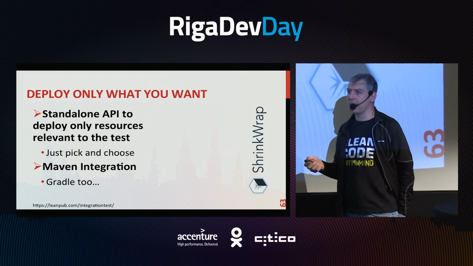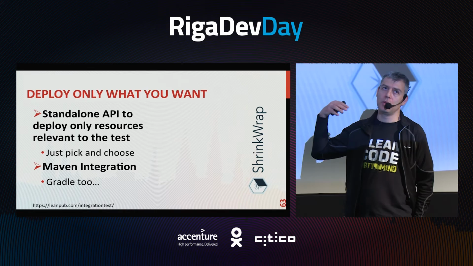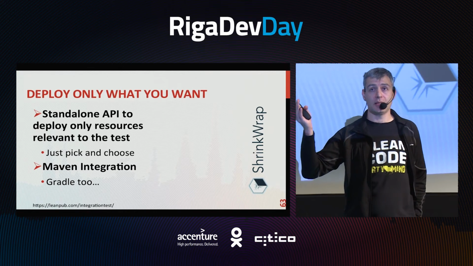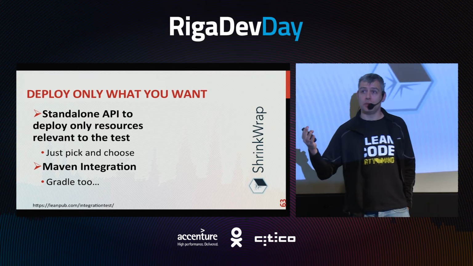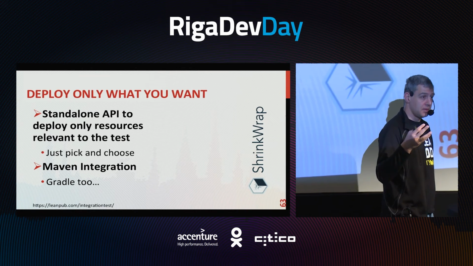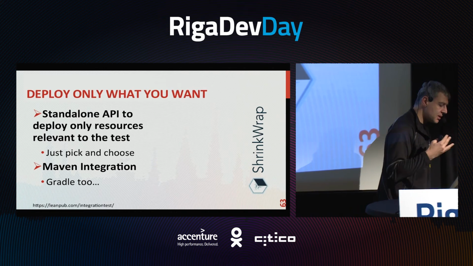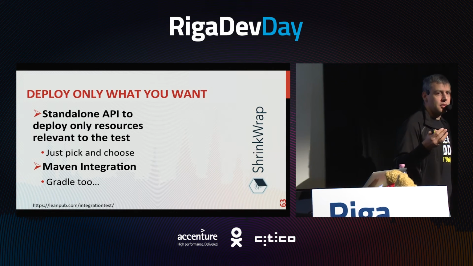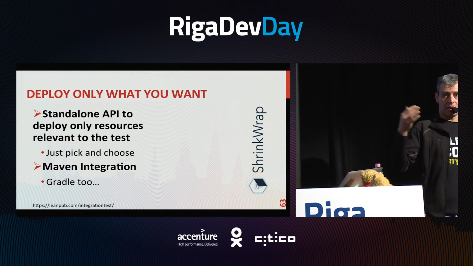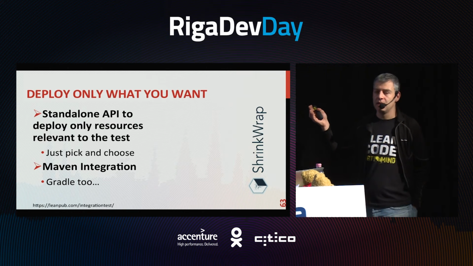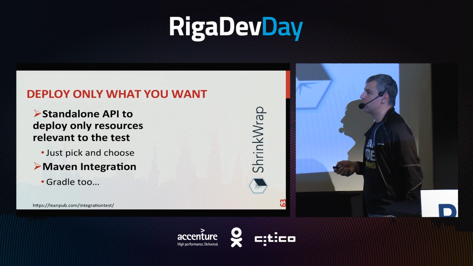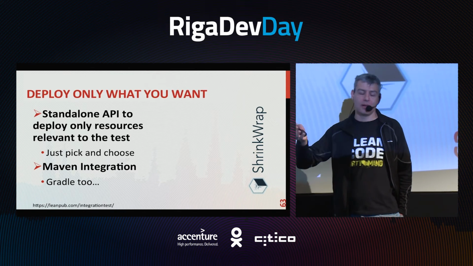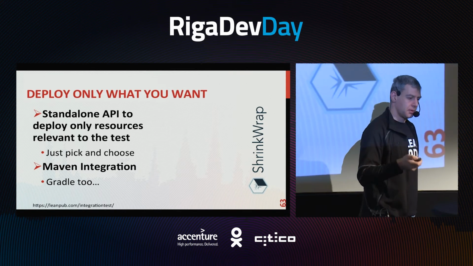For example, if you are dependent on libraries, you don't only want to deploy your own classes, because you also need to deploy libraries. And it would be very, very stupid to redeclare your libraries in the Arquillian test. So Maven integration makes it possible to just read the POM and take the libraries that you want.